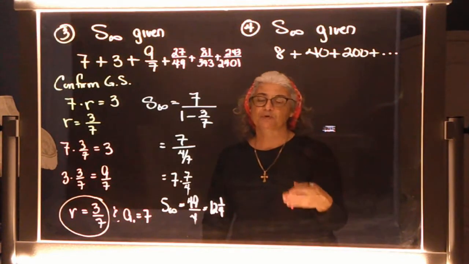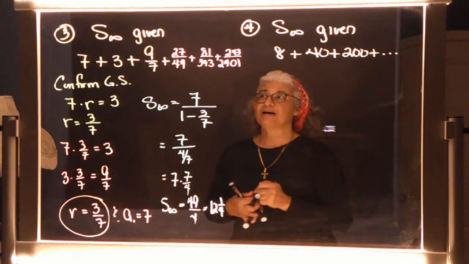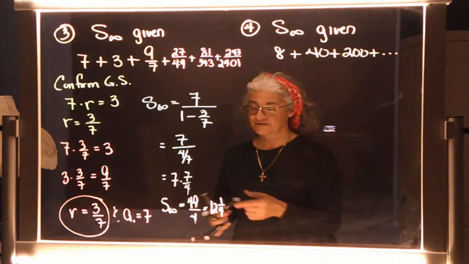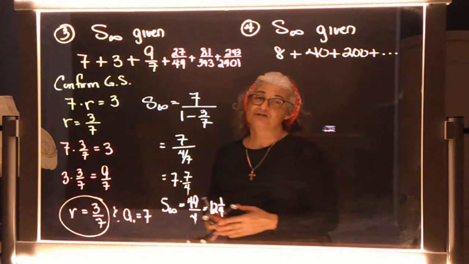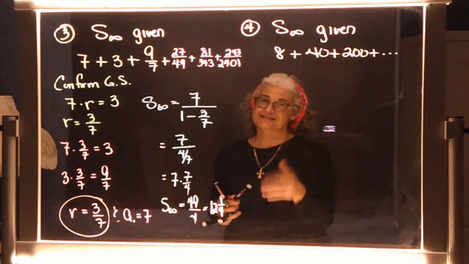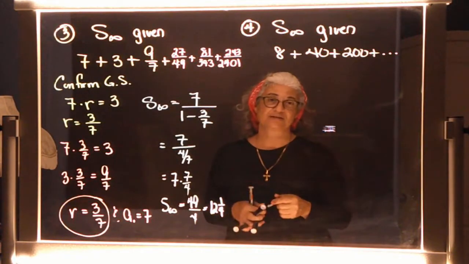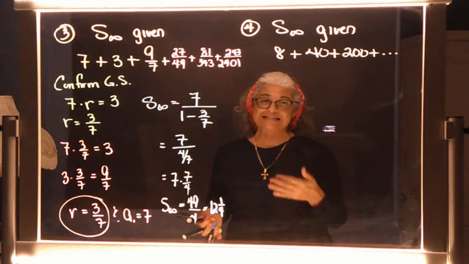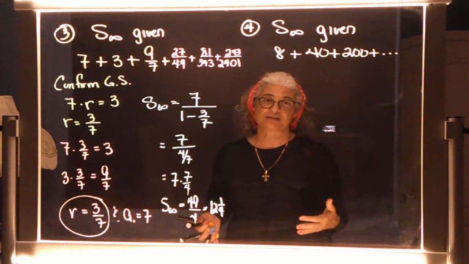Got it? Okay. Now, interestingly enough, 49 over 4 is not the exact sum of this geometric sequence. How can it be the exact sum of an infinite geometric sequence?